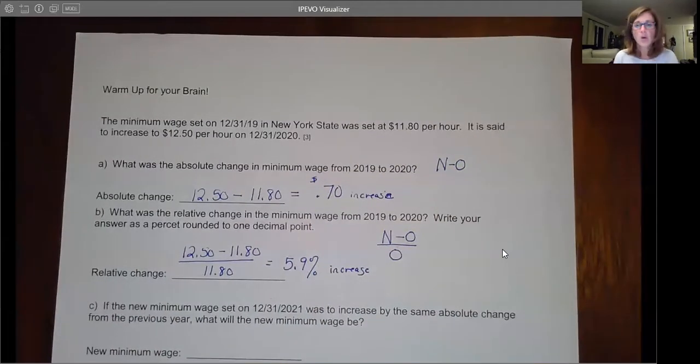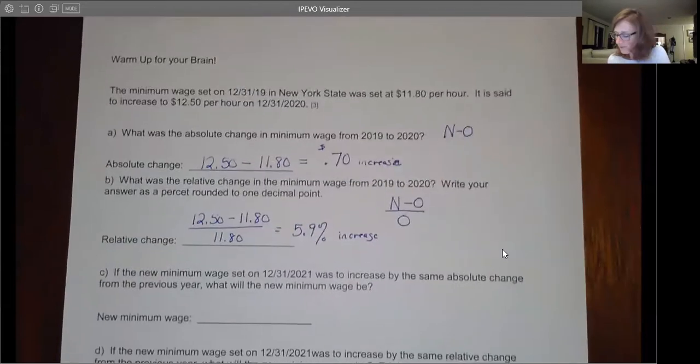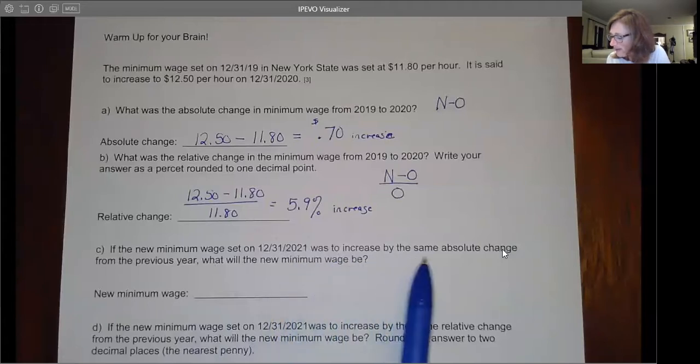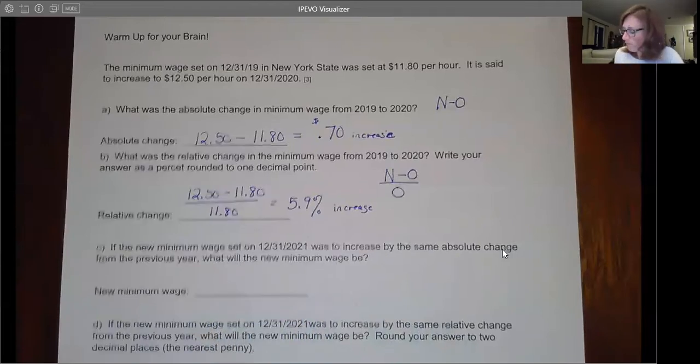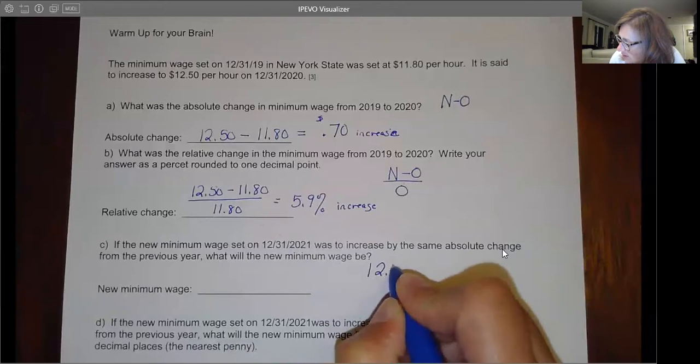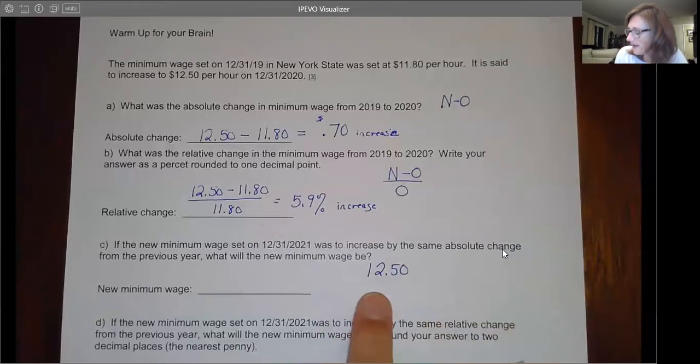All right, so let's look at this one. If the new minimum wage set in 2021 was to increase by the same absolute change from the previous year, what will the new minimum wage be? So this is the new minimum wage that's set in 2020.